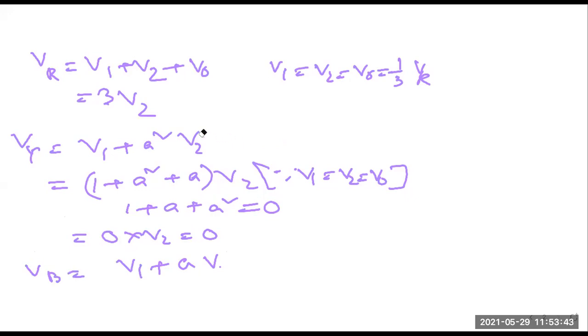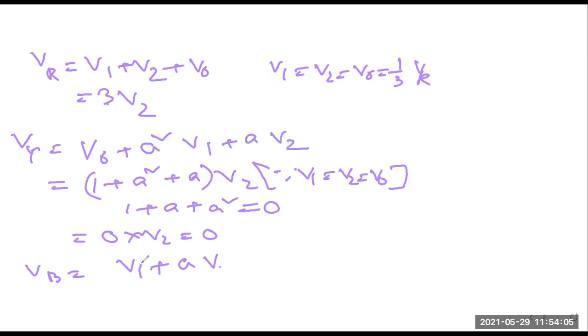I'll write it once again. This should be V0 plus A square into V1 plus A into V2.